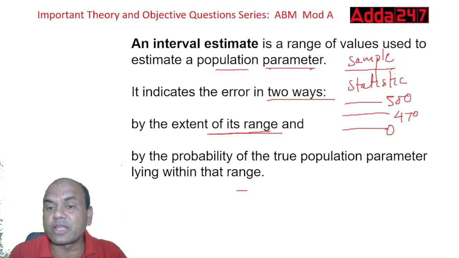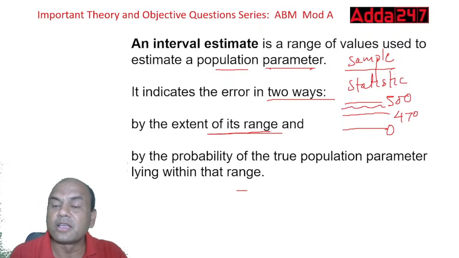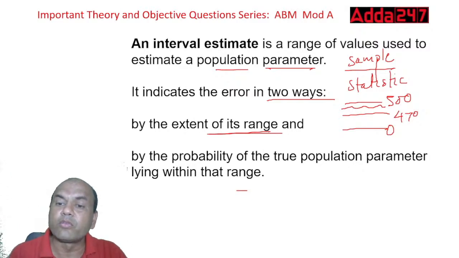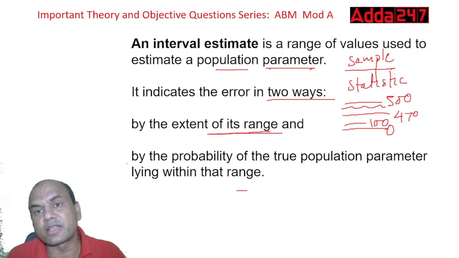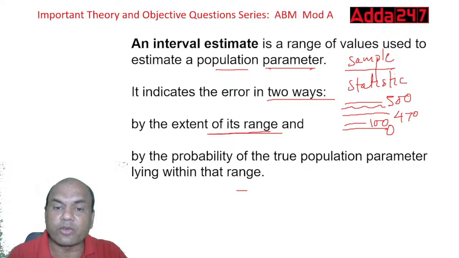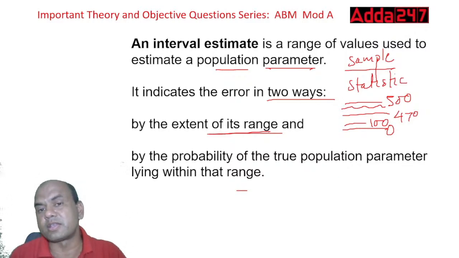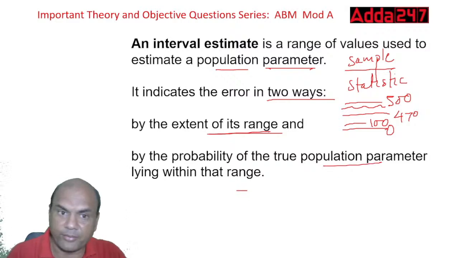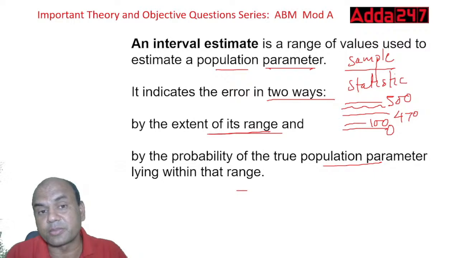So my answer will lie somewhere in between. If it lies, then I'm accurate. If my answer doesn't lie over here, it lies somewhere around 100, then I'm far beyond this range, right? So the extent of its range and the probability of the true population parameter lying within that range. So actually the answer should lie within this range. Okay, so that is a good interval estimate.